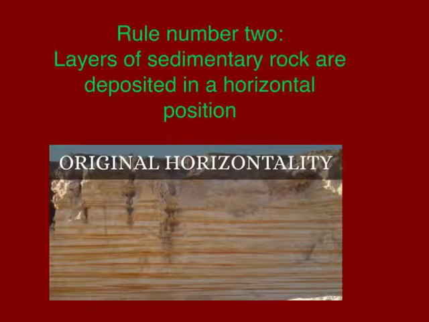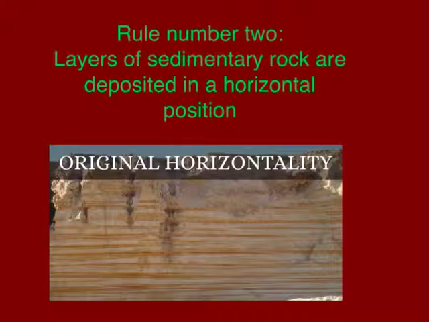Another rule that we can use is that layers of sedimentary rock are deposited in a horizontal position. They were deposited while this part of the land was underneath water, and as they were deposited, here we can see these horizontal lines. So each layer of sediment here was deposited in a horizontal position.